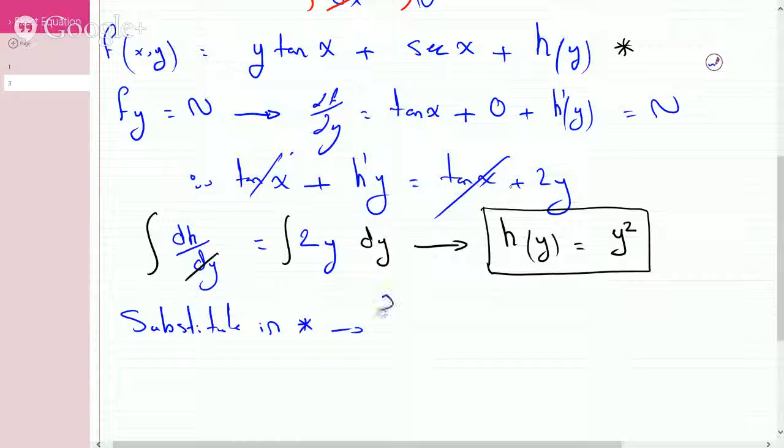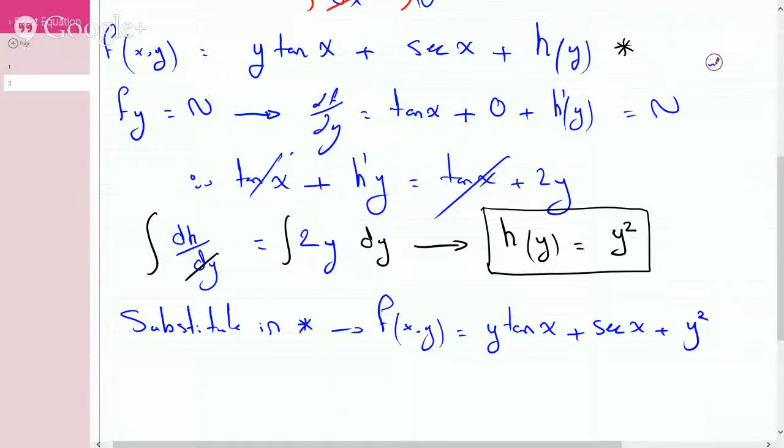So then we get f of x comma y fully characterized as y tan x plus secant x plus y squared, which means we have a family of solutions: y tan x plus secant x plus y squared equals c.